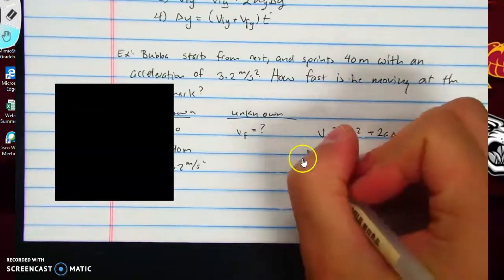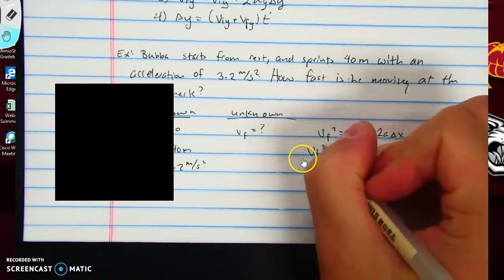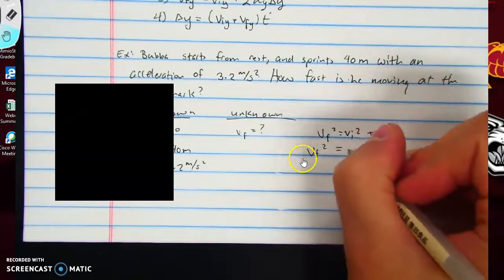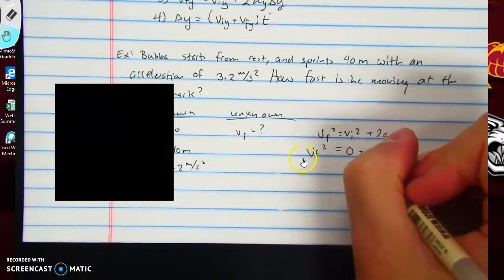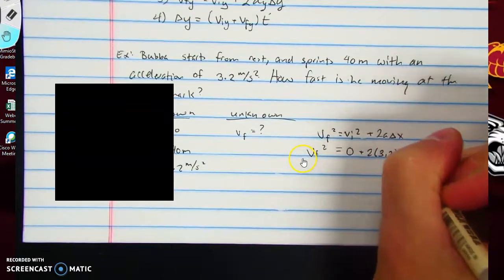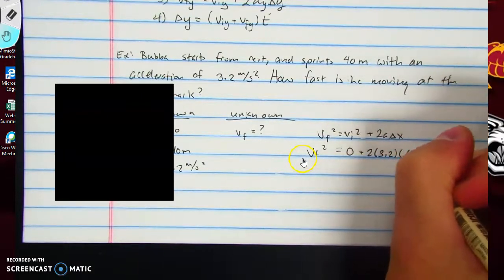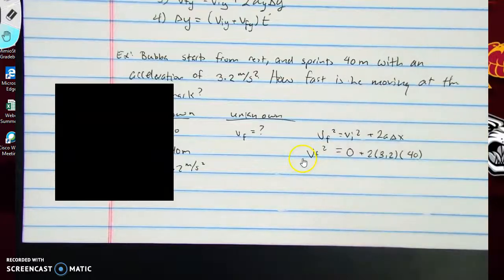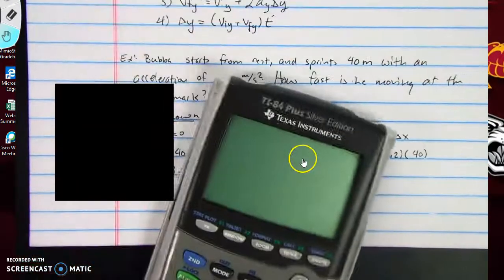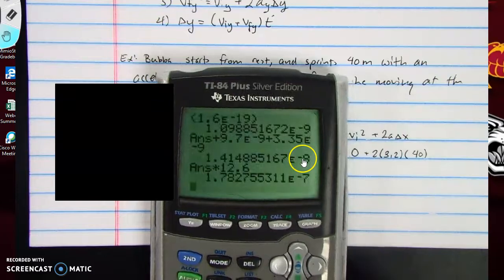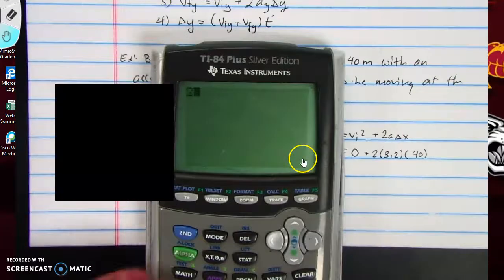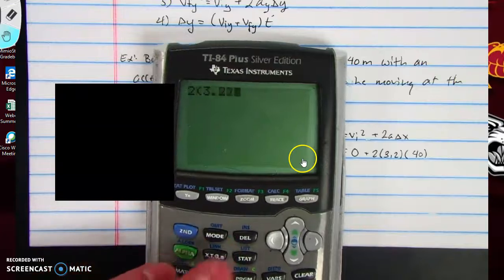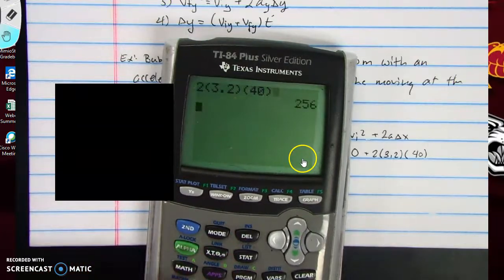All right. So I want to find this one, so I'm going to leave it there. Equals 0. 0 squared, always 0. Plus 2 times 3.2 times 40. So get the old calculator out. 2 times 3.2 times 40.